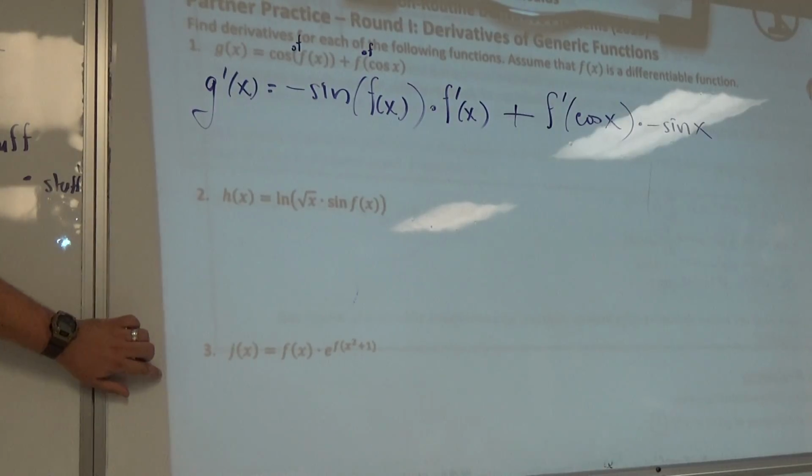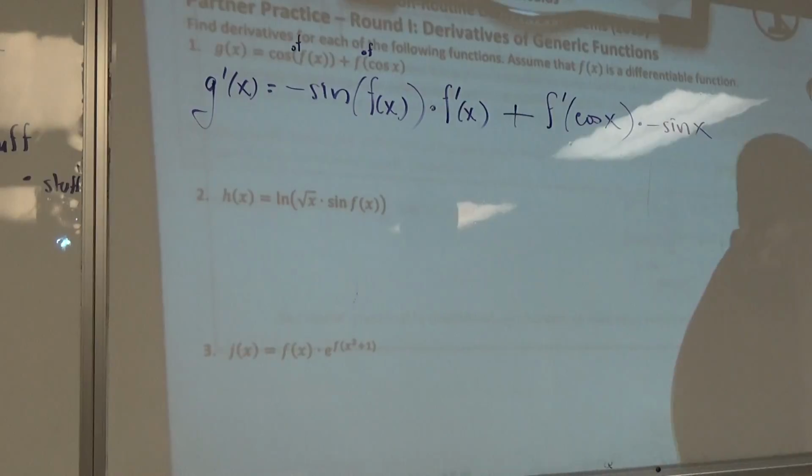All right, try the third one. See what you can do. I want to check in with the folks in the back. Because you don't know the function, you don't have any other values.